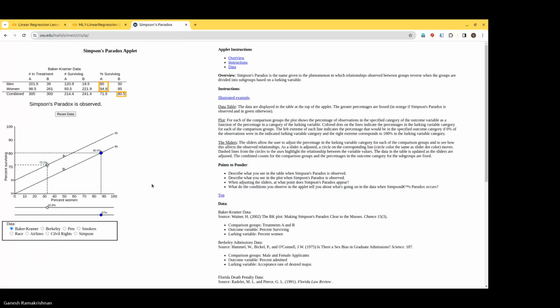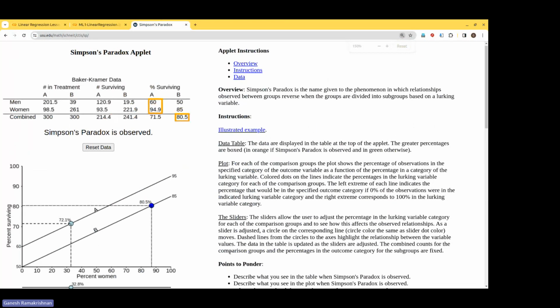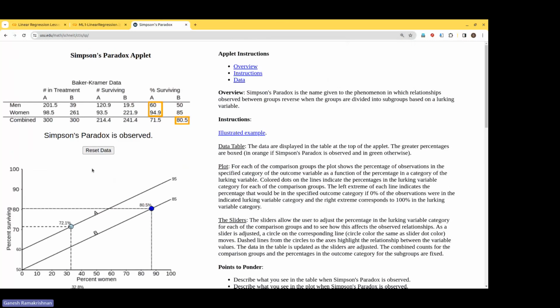Can you see this? What you see in this applet is as follows. Reset data. You have men and women, and treatment protocols A and B. You can see, for treatment protocol A, how many survive, and look at the percentage of survival.